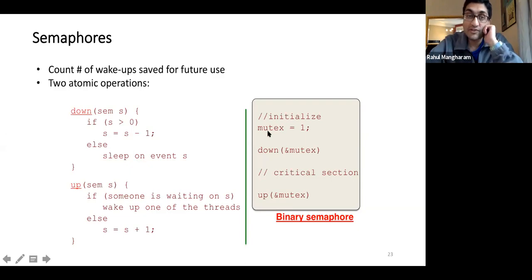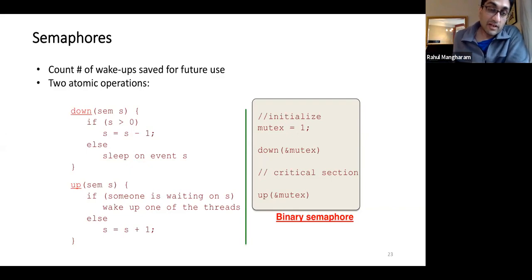I would first initialize this as a mutex. A mutex is just a name that we give for a semaphore. And we say, to protect this critical section, we need to protect it with a mutex. And we can have different mutexes for different types of protection, and that's what we'll look at in the later examples.